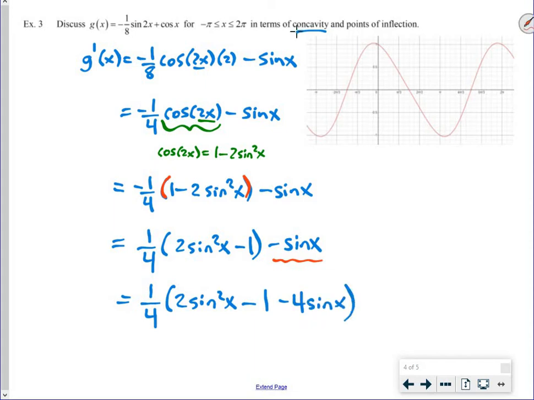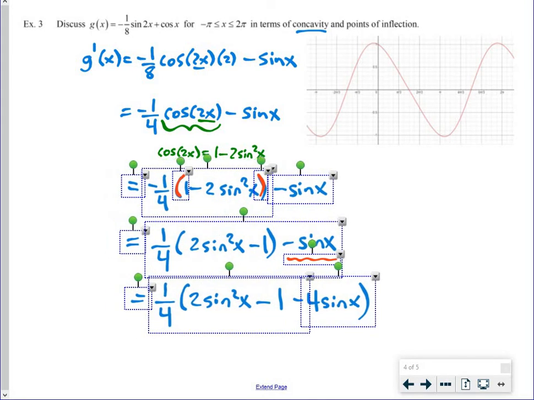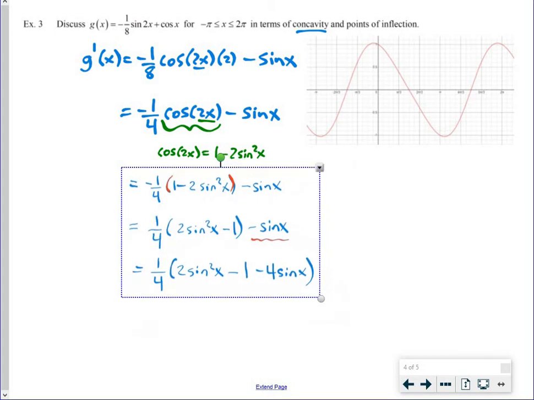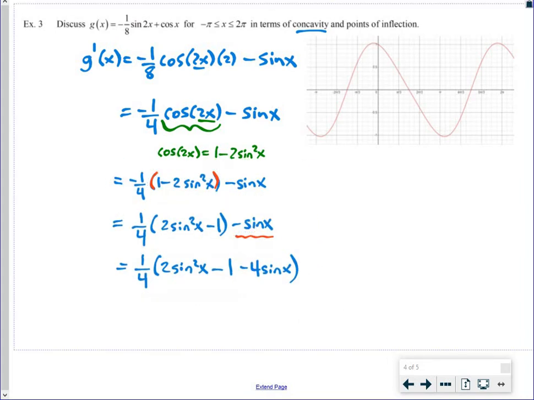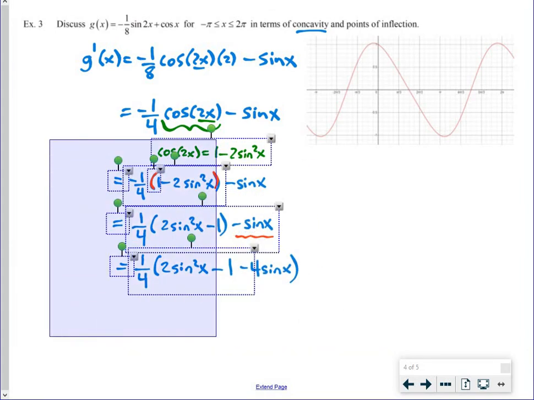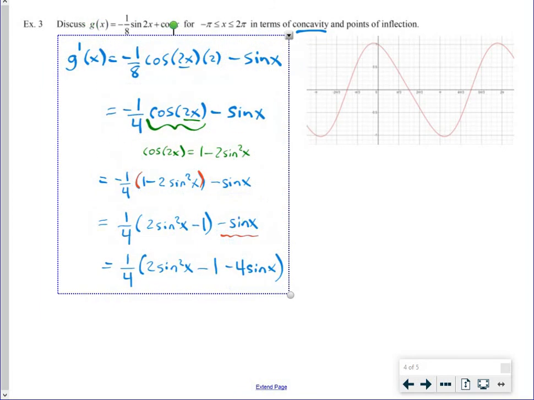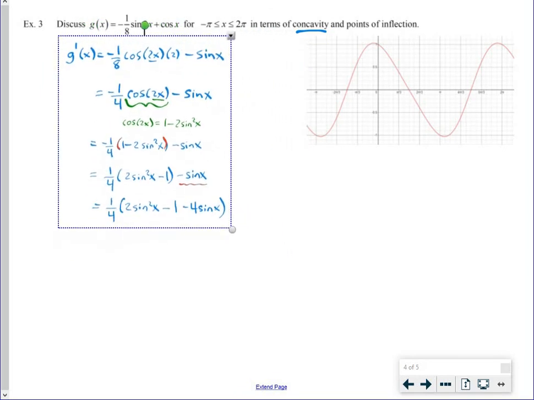So notice if I were to distribute that in there, that would give me back the original. So that should hopefully just make things a little bit simpler when we go take the second derivative. Okay, definitely not the only way to do this question, but hopefully that pays off. So I'm just trying it out.